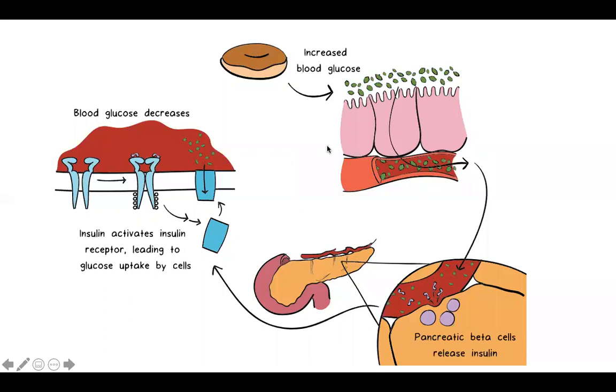And the pancreas says, oh, hey, this blood sugar level is pretty high. Let me produce some insulin. And that happens at the beta cells within the pancreas. So the blood sugar is high, it's going through, the beta cells in the pancreas say, here's some insulin, let's fix this situation. And then the insulin goes and activates the insulin receptors, which allow the blood sugar to get into the cell.